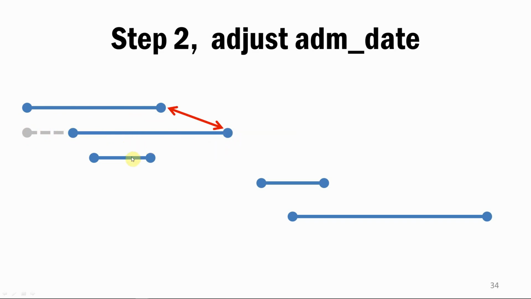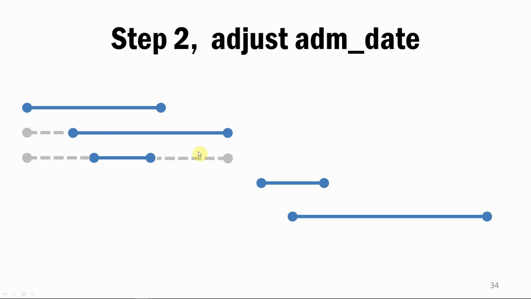So let's carry on with the third one. Again, we're going to compare the admission date to the previous discharge date. If this admission date is earlier, then it is overlapping, and we're going to do the same trick by extending it to the previous, already adjusted, admission date, right? Then we're going to compare the discharge date, and if the discharge date is earlier than the previous one, we're going to extend that again to be the same as the previous one.